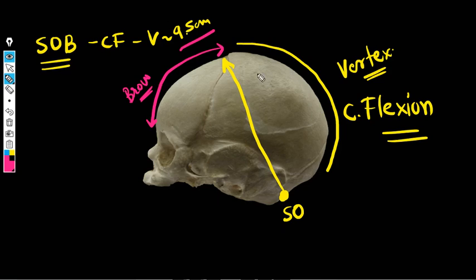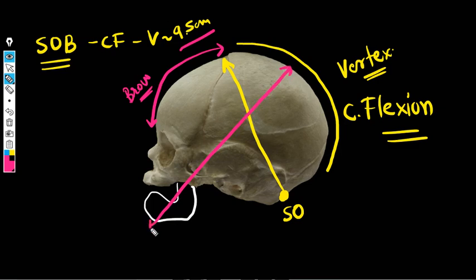And in brow presentation, your engaging diameter will be mentovertical. This is the measure in the mandible, and the diameter in brow presentation will be mentovertical.